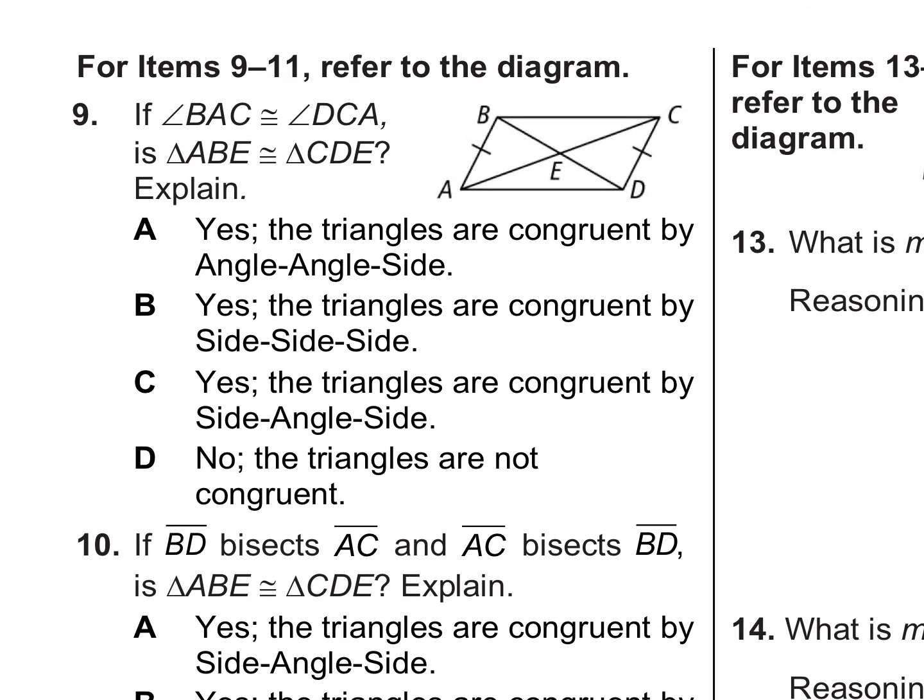Number 9 says if BAC, which is here, is congruent to DCA, which is here, it wants to know if ABE is congruent to CDE. Again, what can we assume with those two triangles? Which angle? Yep, the ones that are connected we can assume are congruent to each other.